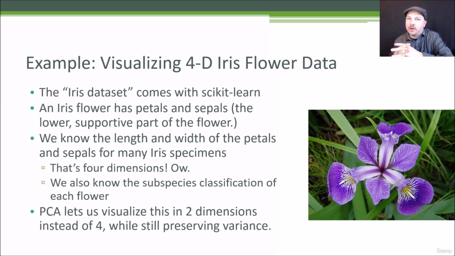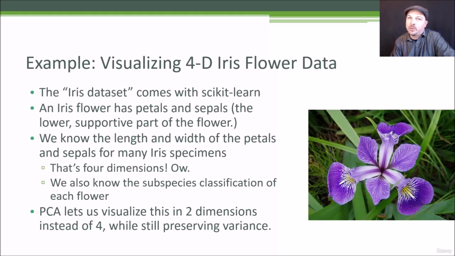We can take a bunch of irises in different species of iris and measure the petal length and width and the sepal length and width. So together, the length and width of the petal and the length and width of the sepal are 4 different measurements that correspond to 4 different dimensions in our data set, and I want to use that to classify what species an iris might belong to.